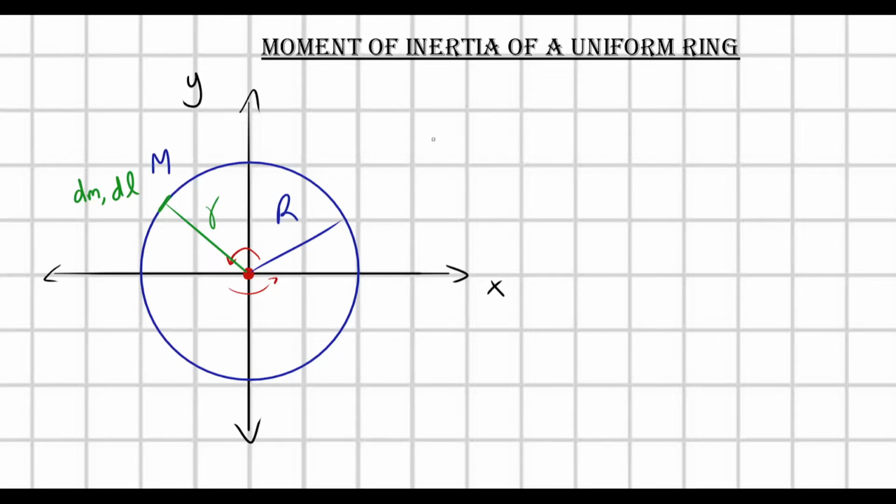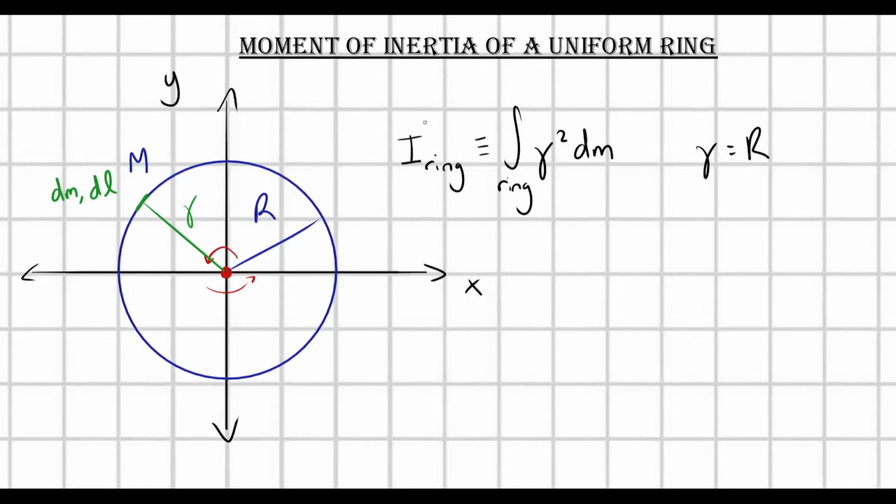And so we know that the moment of inertia of my ring is defined as the integral over my ring of gamma squared dm, right? Immediately, we can trivially see that gamma and r are equal. The distance from my axis of rotation, of course, for a circular ring is just the radius of that ring.